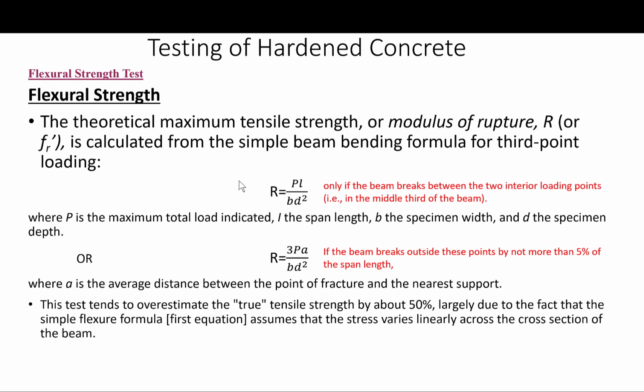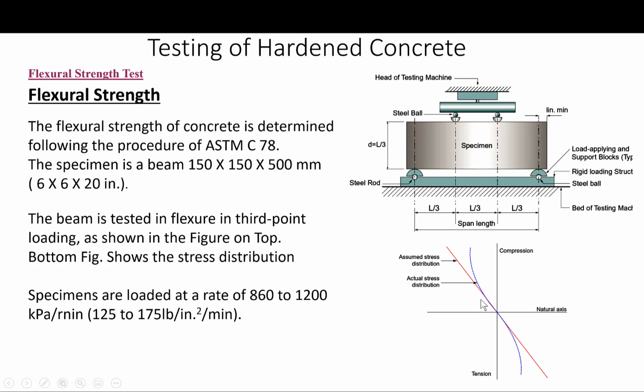The stress block near failure particularly is more nearly parabolic than triangular, as shown in this case. So that's why assuming it as linear tends to overestimate the strength. This is actually the true distribution of stress in reality, and this is the assumed stress distribution. That's why the overestimation occurs.